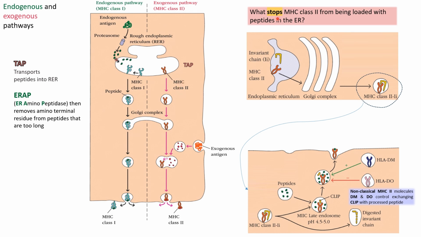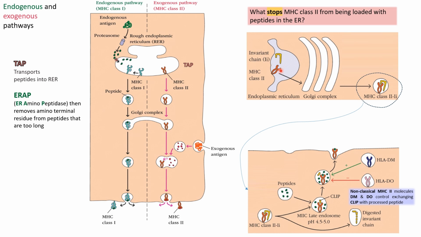The first one is what stops MHC class 2 from being loaded with peptides in the endoplasmic reticulum. Here we've got lots of peptides, and we've got MHC class 1 and 2. MHC class 1 picks up these peptides, but not class 2. Why is that? The answer is in this block: there's something called the invariant chain, represented by capital letter I and a small i in yellow here, which, within the endoplasmic reticulum, binds into that binding groove, so it's not available to pick up any peptides.